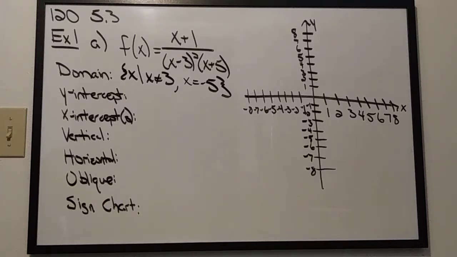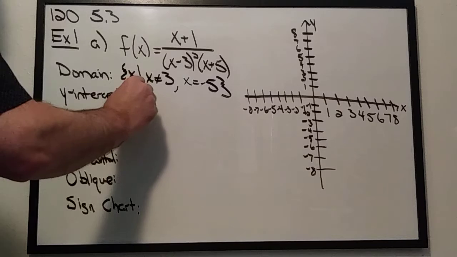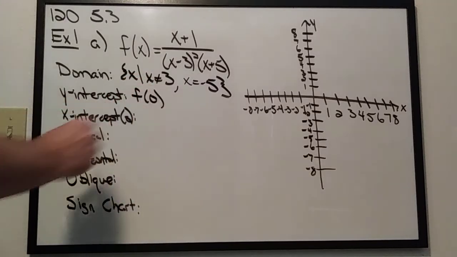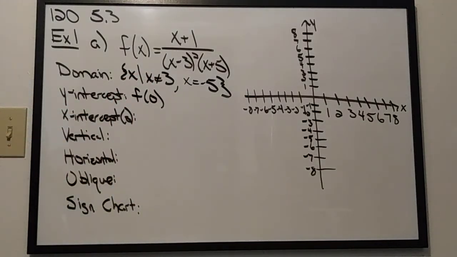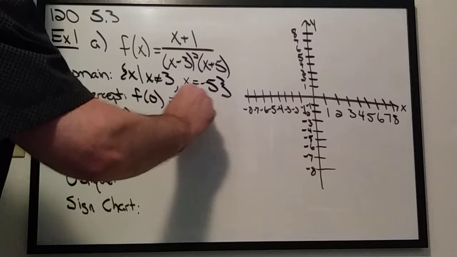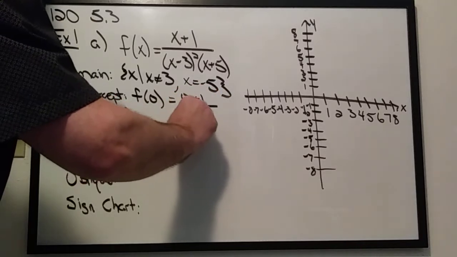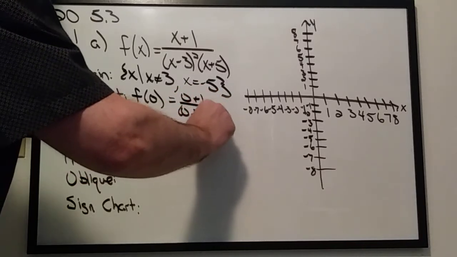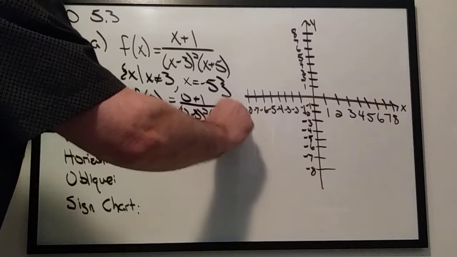As you see on your handout, in order to do the y-intercept, it's the same thing we've done every other time for y-intercepts. You replace x by 0. So I'm going to find f of 0. So I'll go back up to my original function. Wherever I see an x, I'm going to replace that x by 0. So it's going to be 0 plus 1 divided by 0 minus 3 quantity squared times 0 plus 5.